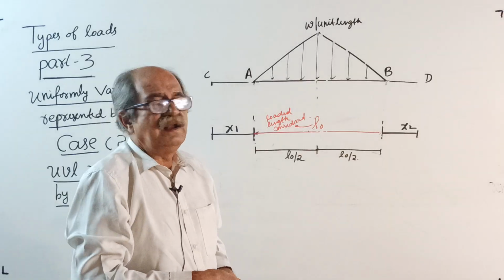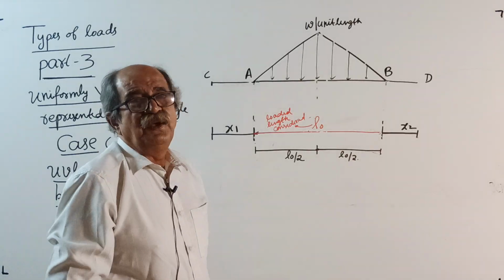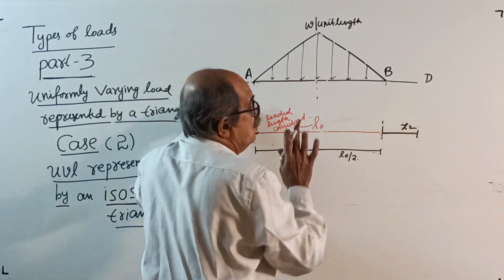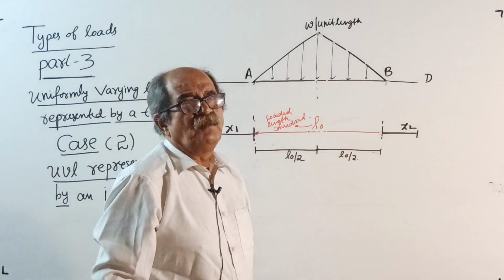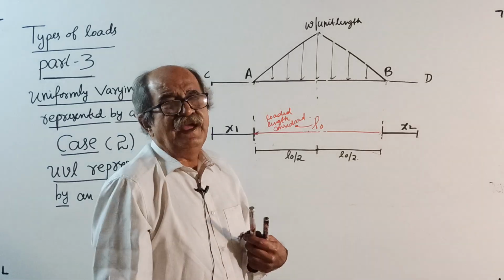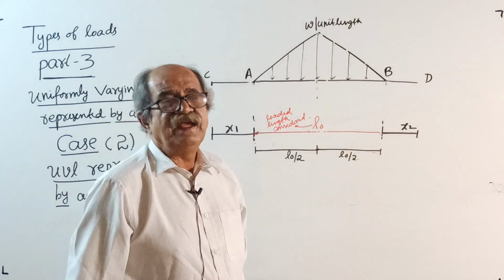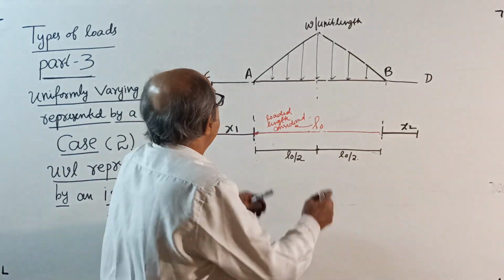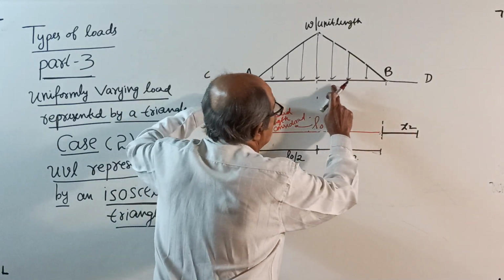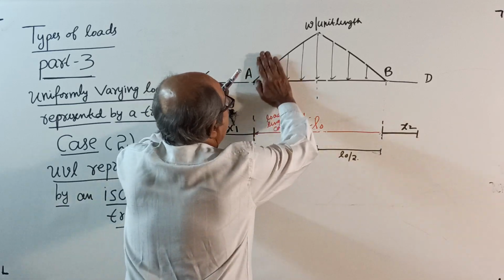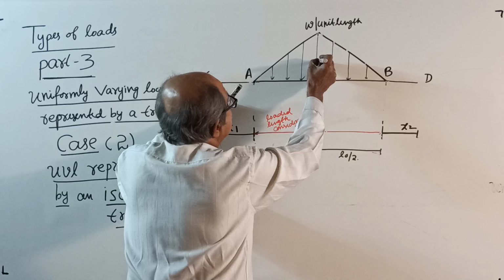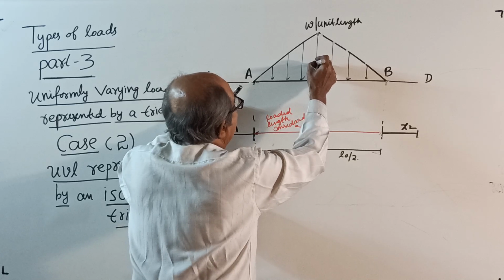Now, one by one. First, you require the magnitude of the total load. As I told you, the magnitude of the total load means the hand should move this way. You should mark where it is acting. It will pass through the centroid of the loaded diagram. Since this length is equal to this length, for the entire loaded length the centroid will be exactly at the center.